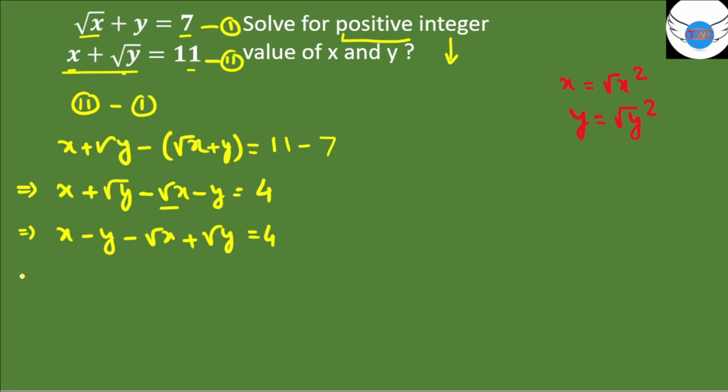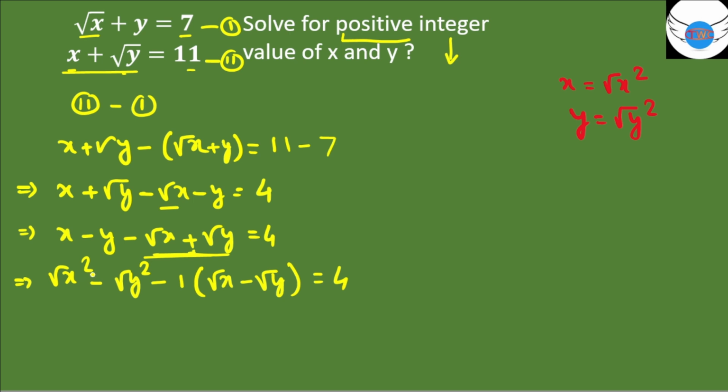So now we write x as square root x squared minus y as square root y squared. And from the other terms we can take negative 1 common. So here it will be square root x, and the sign of y will be negative because we have taken negative 1 common, so it is negative square root y, and the right-hand side is 4.